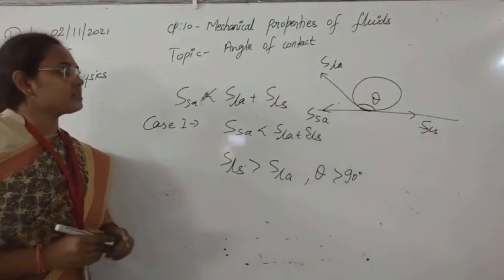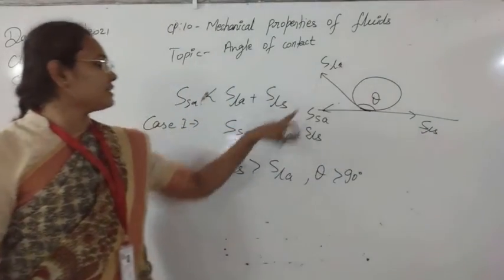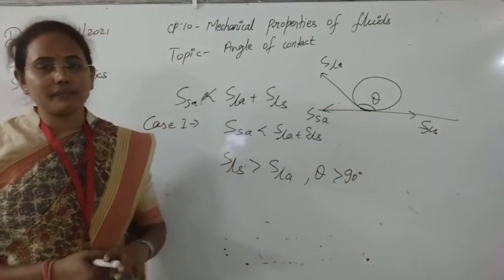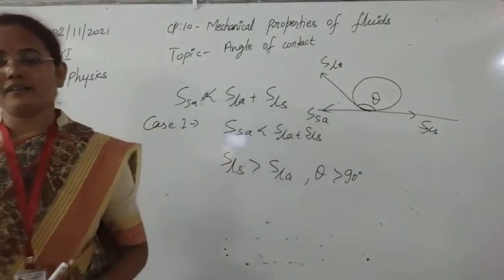In this case this condition is satisfied. This surface tension is greater than that surface tension, so the drop will not lose its shape and size. It means that theta will always be greater than 90 degrees for this case.